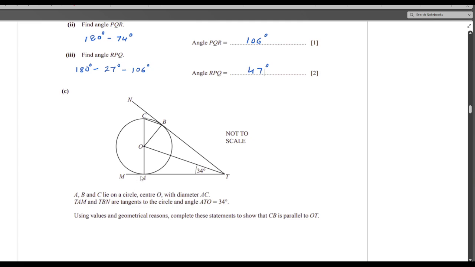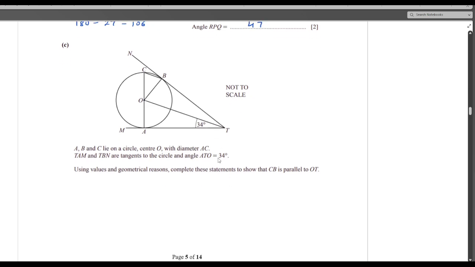TAM and TBN are two tangents to the circle, and angle ATO is 34 degrees. Using the values and geometrical reasons, complete these statements to show that CB is parallel to OT. So here we have to show that length CB and OT are parallel to each other.